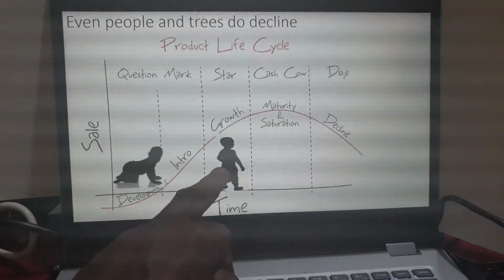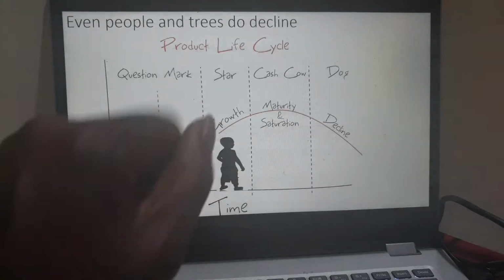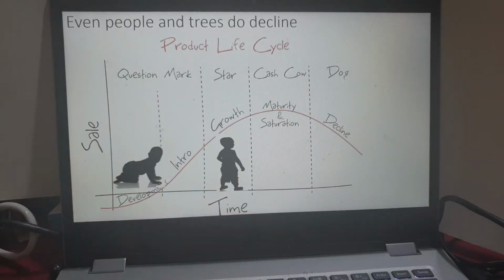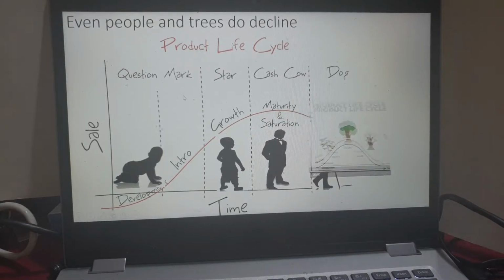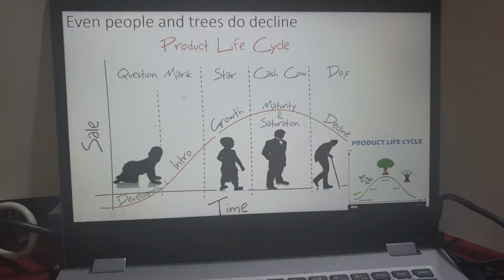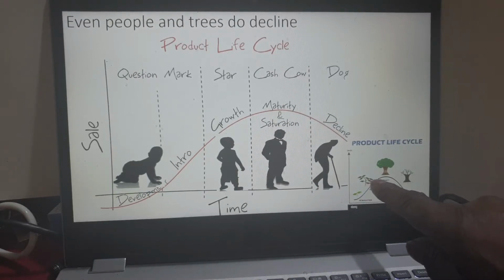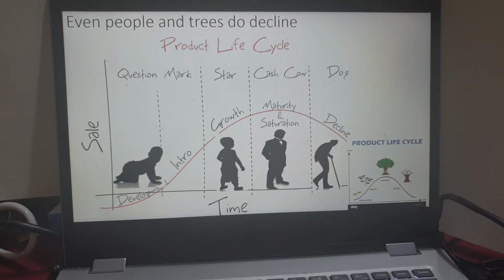Then the baby starts growing like a rising star, and then matures, becomes a mature person. And of course, you'll age and decline. So the life of a business and the life of a person can be likened. And indeed, even a tree. Look, a seedling, growing, mature, and it can die.